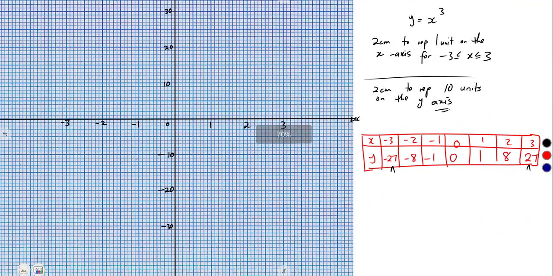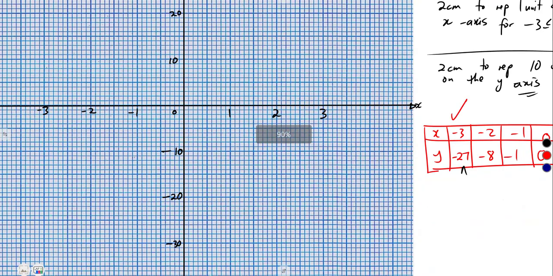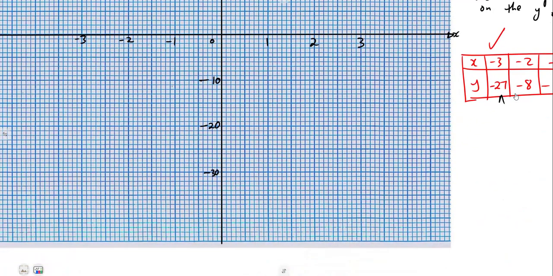-3, -27, the first point that we are given. -3, -27, just before -30. All right, so that's -3. This is 30, -29, -28, -27, here somewhere.